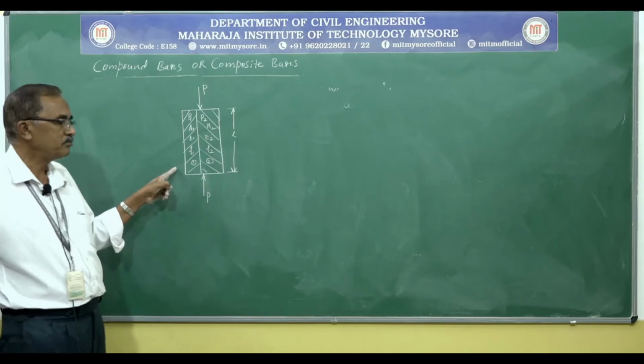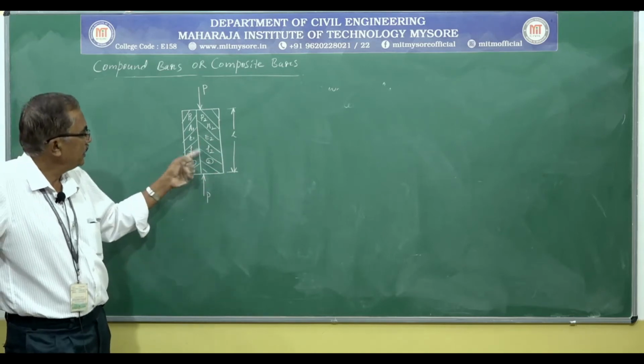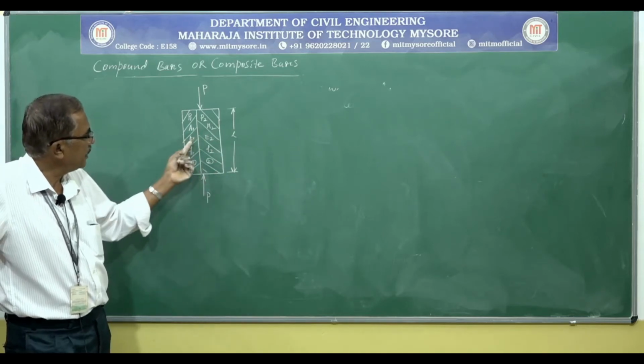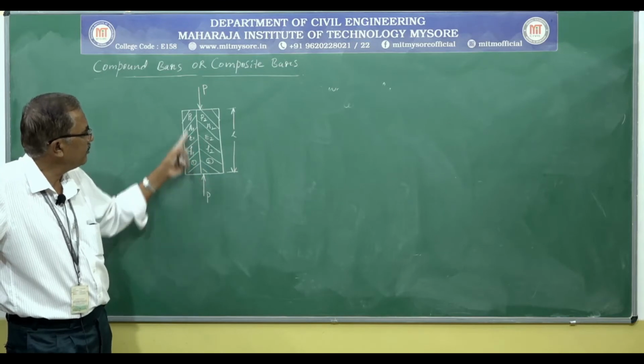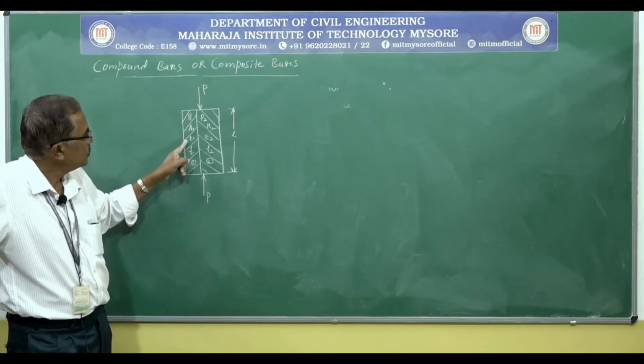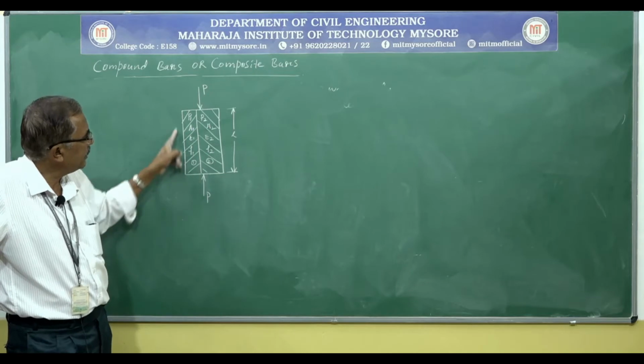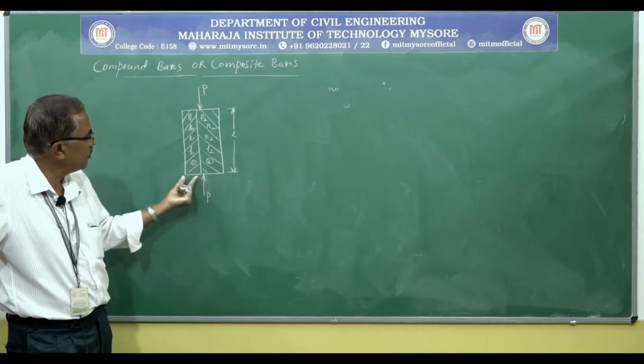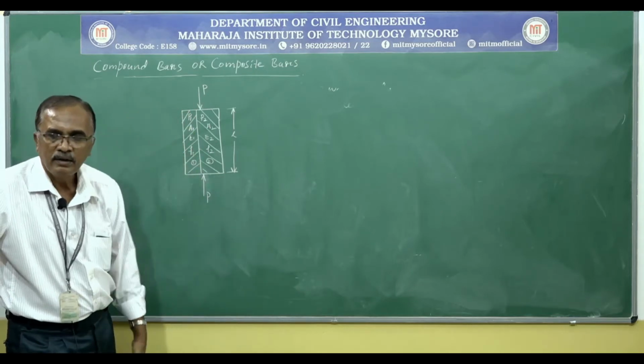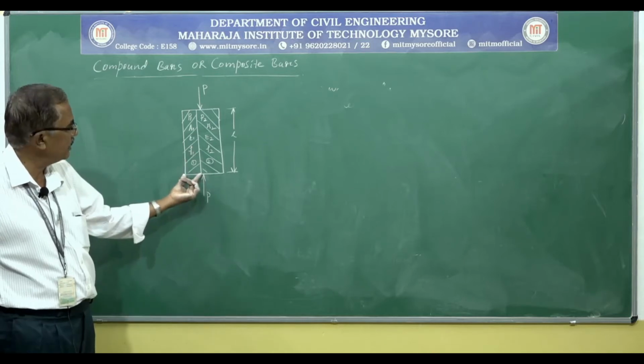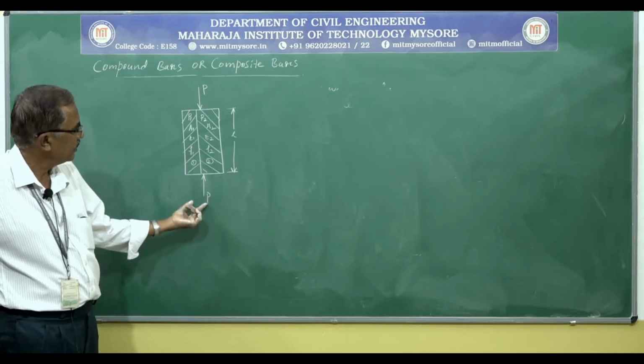Accordingly, we use cross-sectional area and Young's modulus. The material having a higher Young's modulus needs less quantity, hence we have used a lesser cross-sectional area.